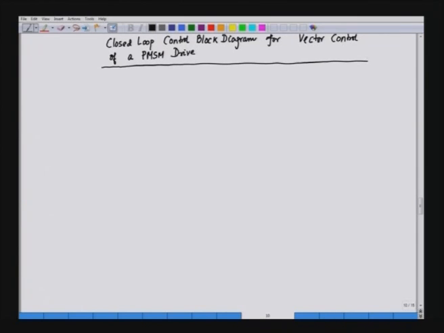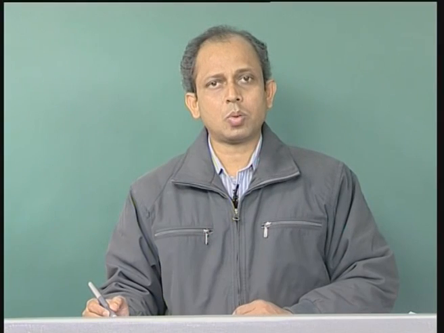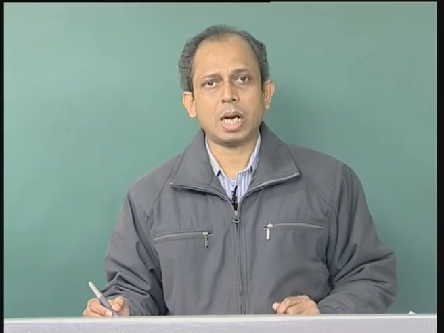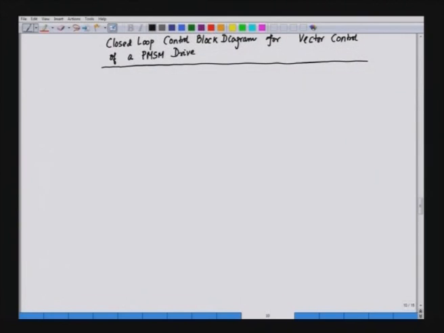So, in this case we start with the speed controller. We want to control the speed of the machine. So, we have a reference speed and we compare that with the actual speed. This is the reference speed omega r m, and we compare that with the actual speed, omega r m, and what we have here is a PI controller.